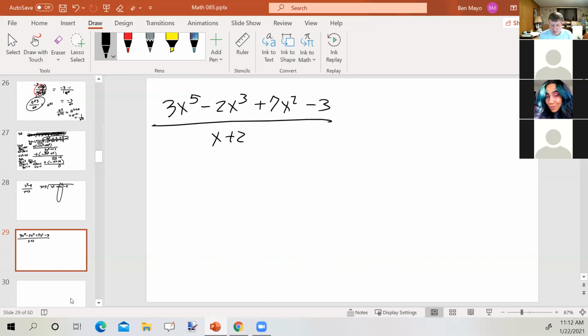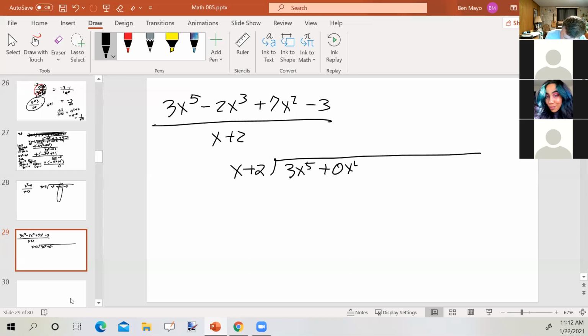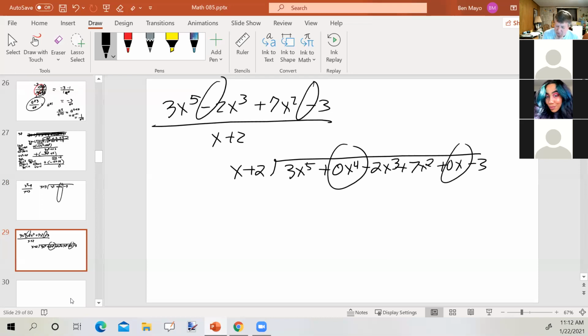This is how I would write that out in long division form. x plus 2 on the outside. On the inside, 3x to the 5th plus 0x to the 4th minus 2x cubed plus 7x squared plus 0x minus 3. Why did I put those in? Because I was missing 4th degree and 1st degree.